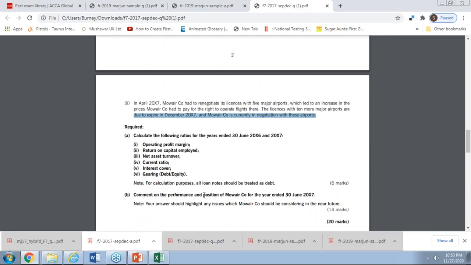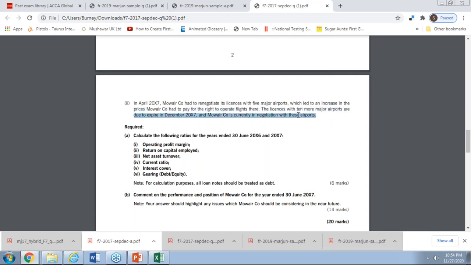But the question specifically says to comment on the performance and the position of Moyer for the year ended 30th June 2007. Your answer should highlight an issue which Moyer should consider in the near future. So when we talk about the near future, you have to highlight that we are in negotiation with 10 more airports, and in the future the cost will increase.